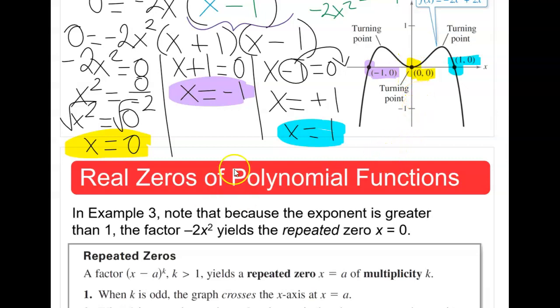But I want you to notice how for the x equals -1 and the x equals 1, the graph, how could we call this? It cut through the x-axis, or let's say it went through the x-axis, or let's say it crossed the x-axis. And so did this one, a positive one.